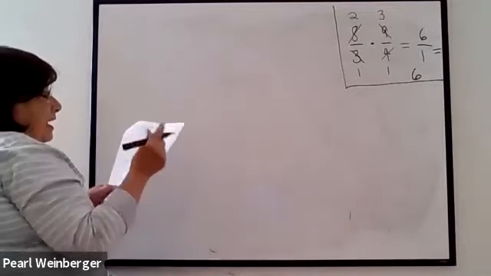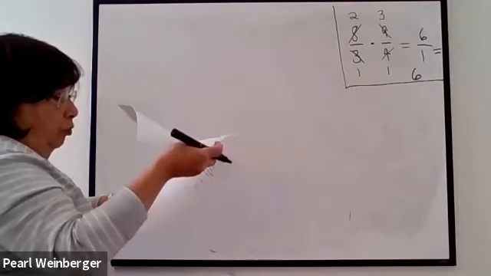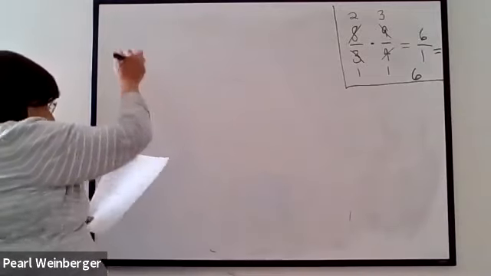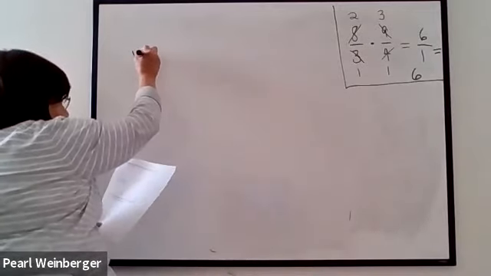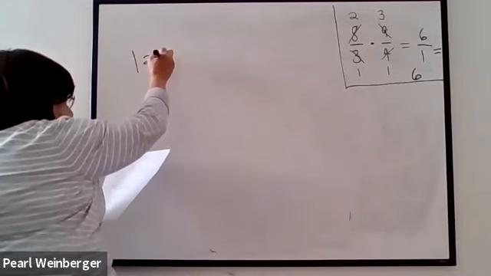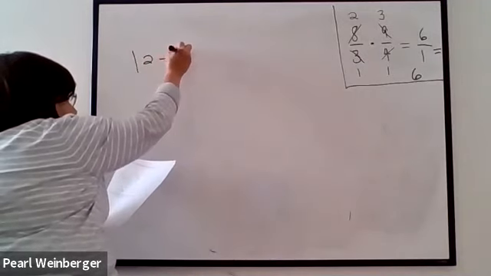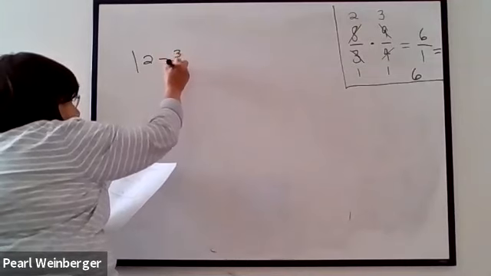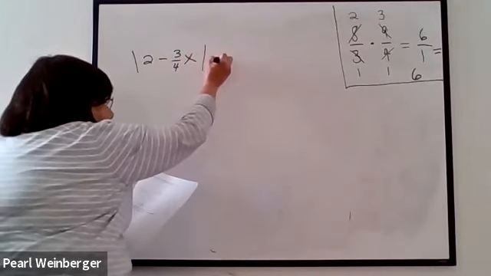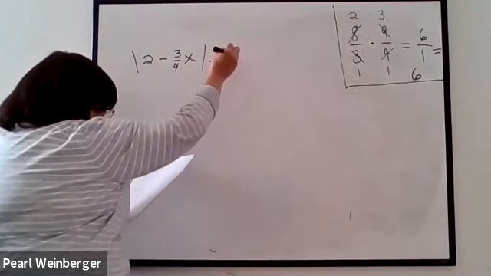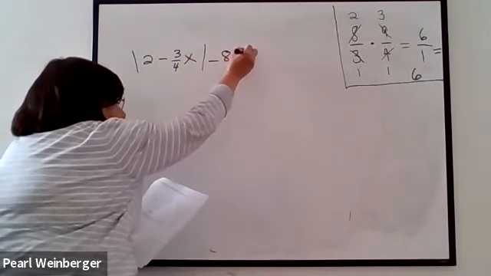I actually have this off of an old midterm, so this is the type of question you might see on a test. We have the absolute value of 2 minus 3 over 4x, close that absolute value, minus 8 equals 12.